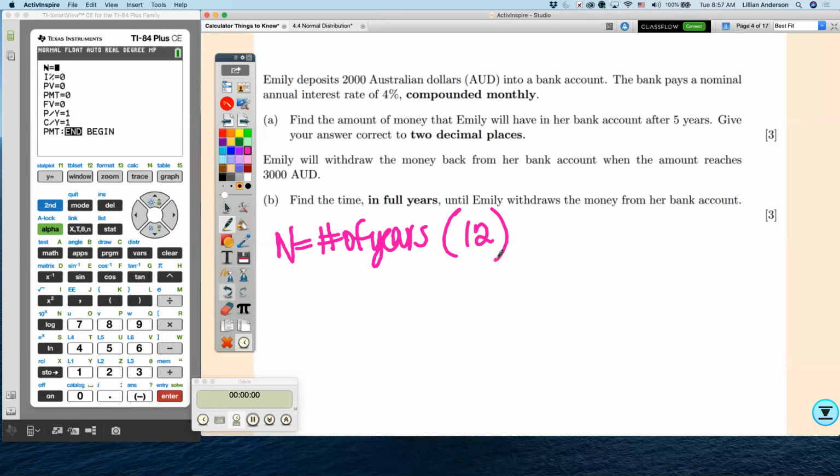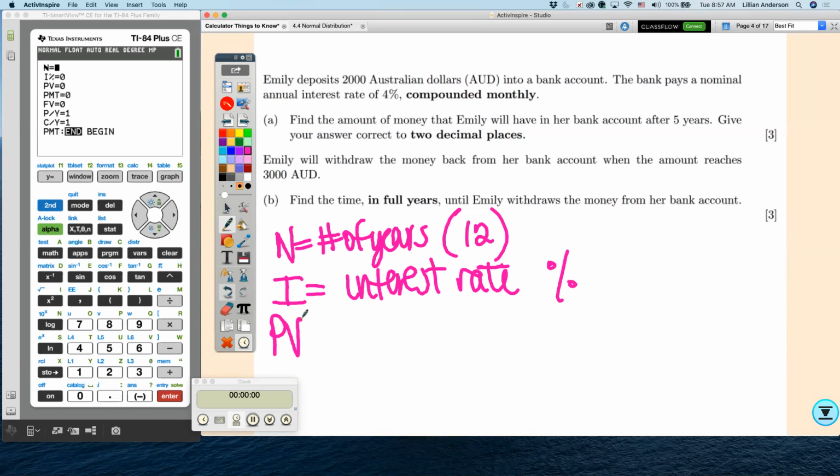Monthly is 12. What does I stand for? Interest rate. Do I type it in as a decimal or can I leave it as the percent? Leave it as the percent. Very good. PV, present value, AKA what I start with.